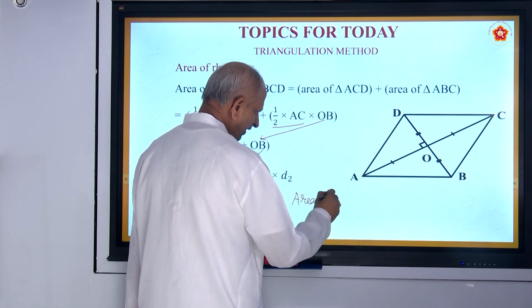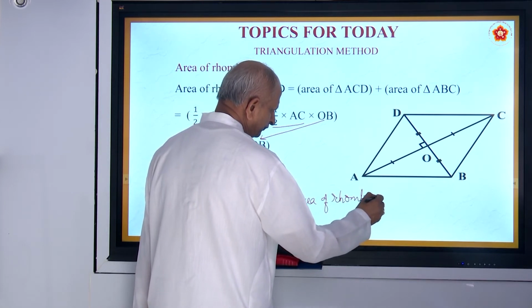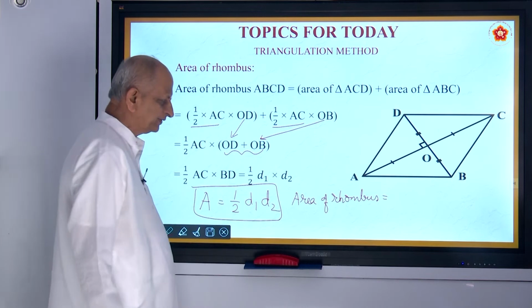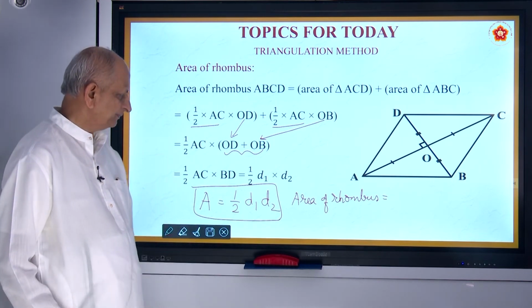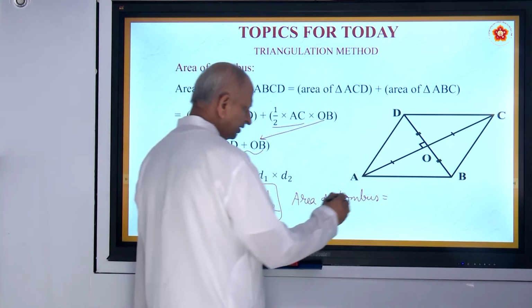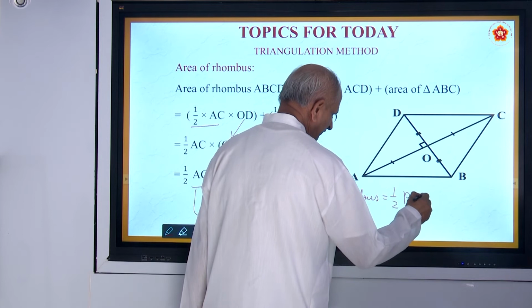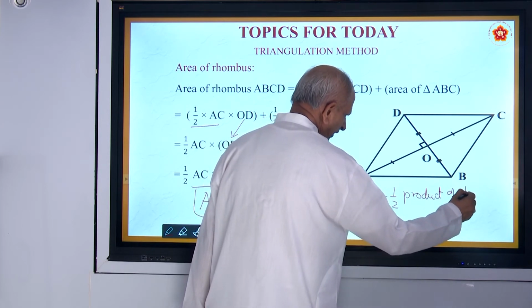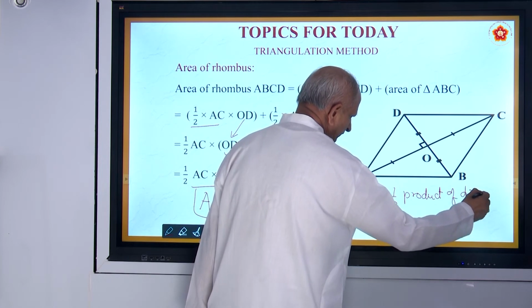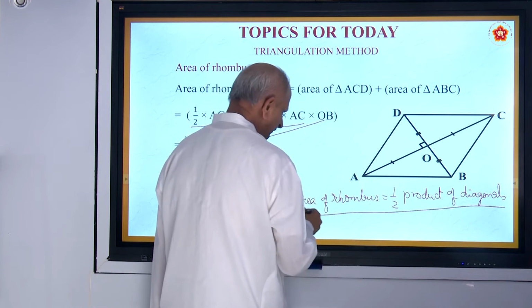Area of rhombus, come on, what shall I write in words? In words it will be half of product of diagonals. That is the formula.